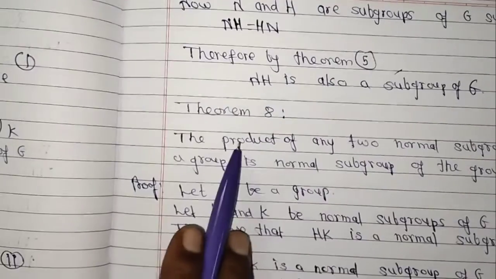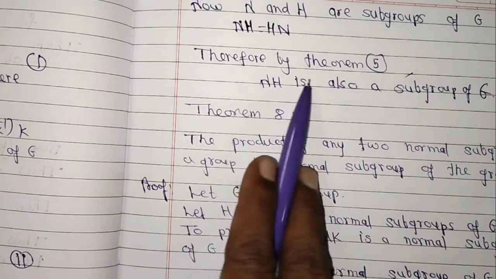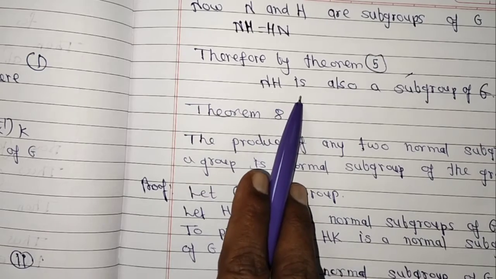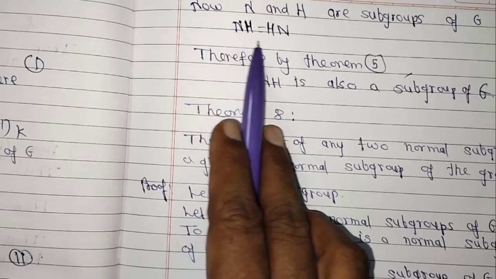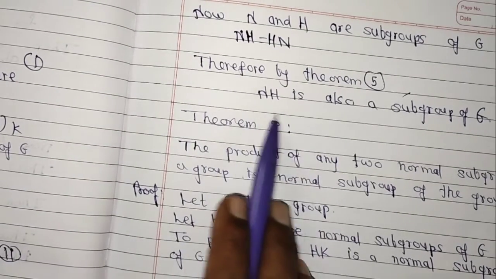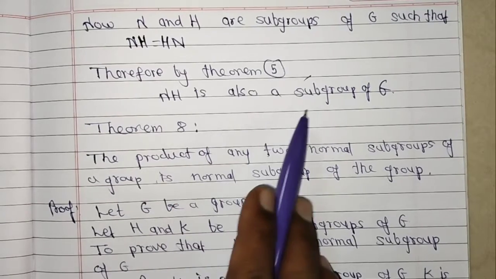By this theorem, N and H are subgroups of G such that NH equals HN. Hence, NH is a subgroup of group G.